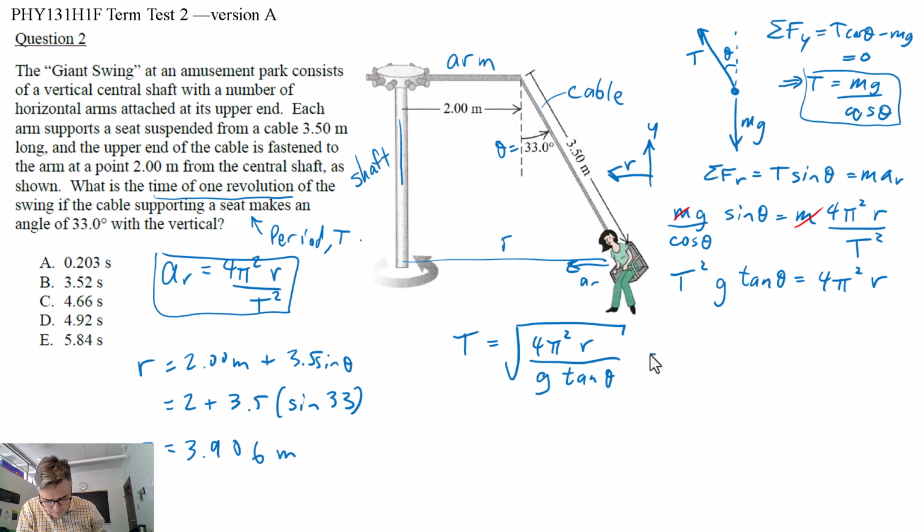So we're going to plug that in. So we've got T is the square root of 4 times pi squared times 3.906 all divided by 9.8 times the tangent of 33 degrees.